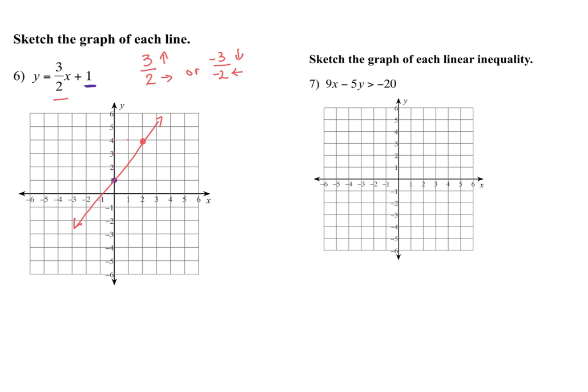We also graphed inequalities, and with inequalities, you can put it in slope-intercept form. We want to subtract that 9x over, and then we want to divide by the number in front of y. Remember, just review, when we divide by a negative for inequalities, it flips that sign.